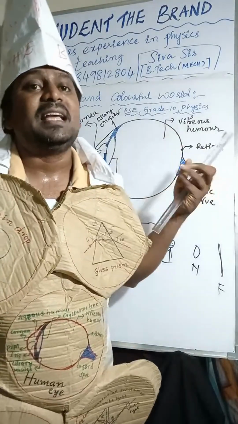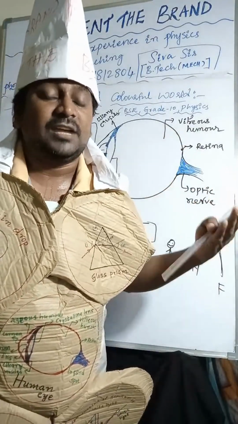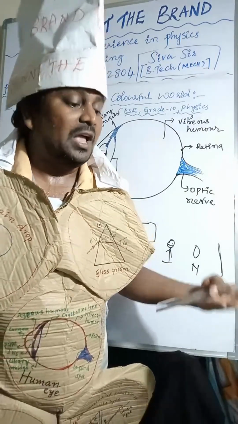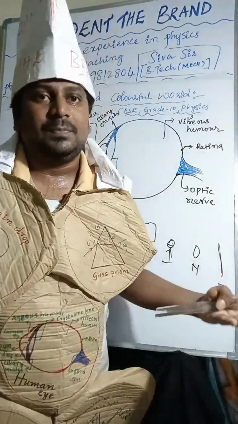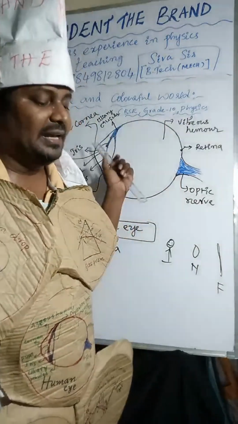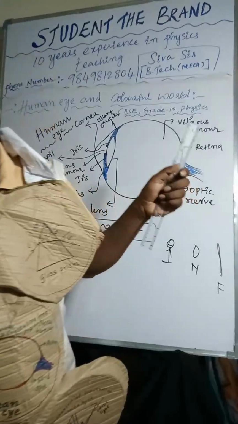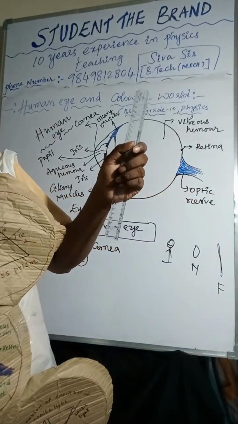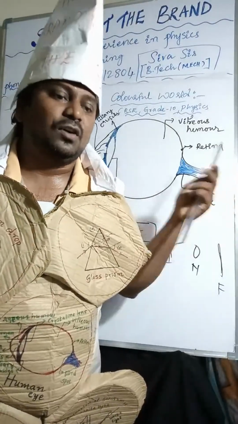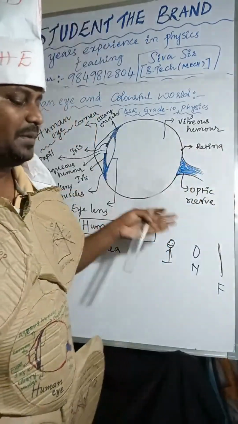Vitreous humor is a jelly type liquid present between eye lens and retina. It gives the sufficient force and pressure to maintain that shape.